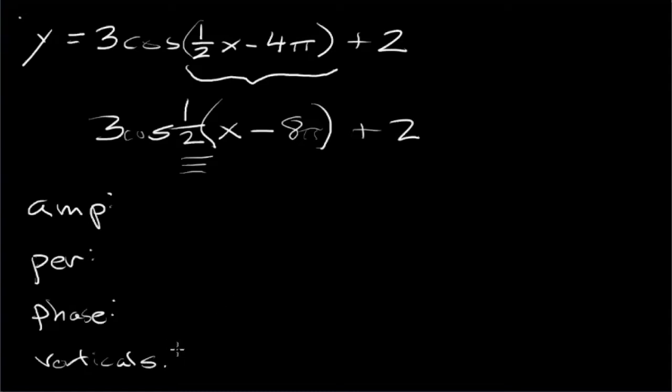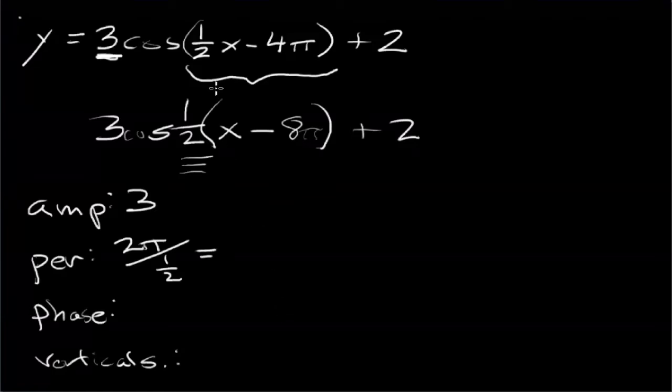Okay, so amplitude is there. Period, we're going to look at this number right here, but we don't just take that number, we have to remind ourselves that this lies to us. So it's not half of the normal period. It's really whatever the normal period would be, which is 2 pi for cosine, divided by 1/2.